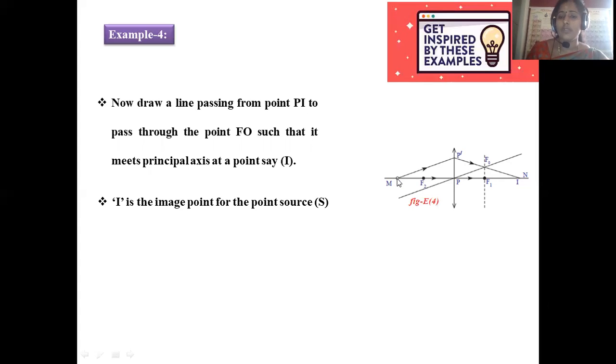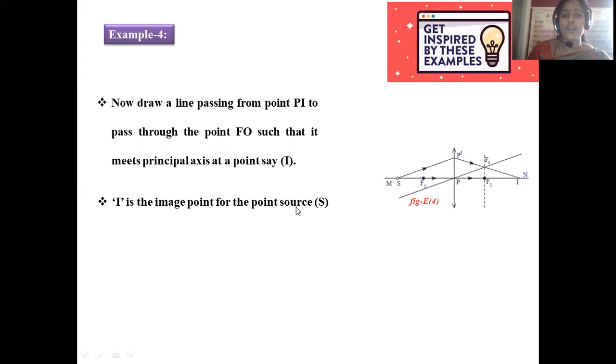So what we are doing, we are originating the ray from this S point and it used to bisect the convex lens at P prime. Later, it used to travel and cross this F naught and meet the principal axis at the point I. So this is about one ray diagram.